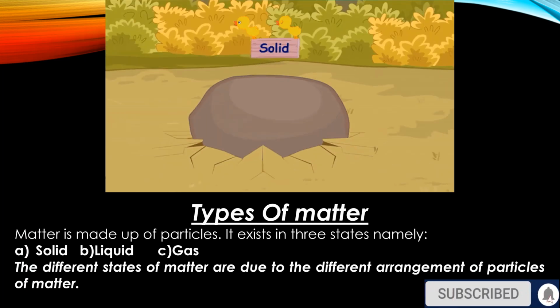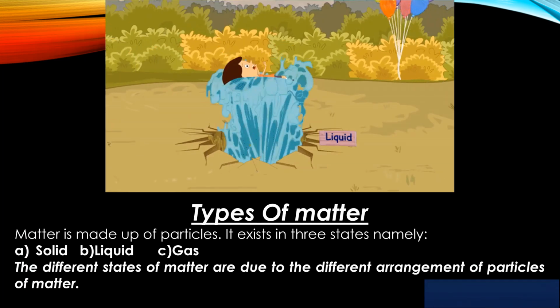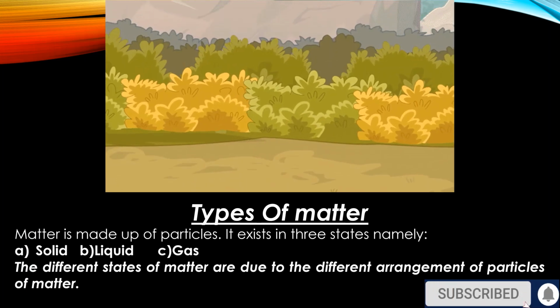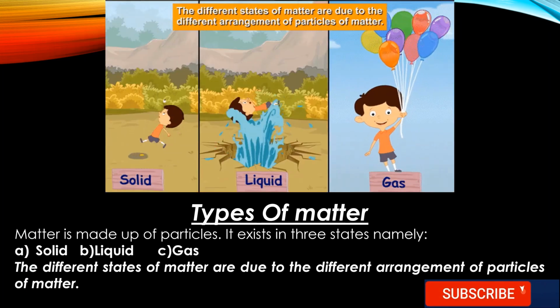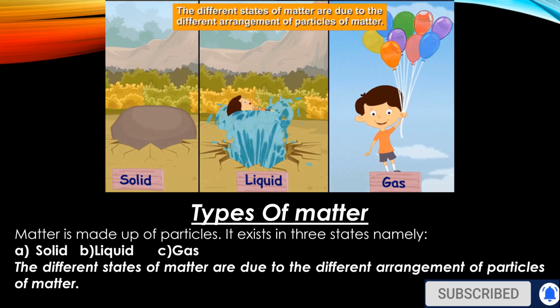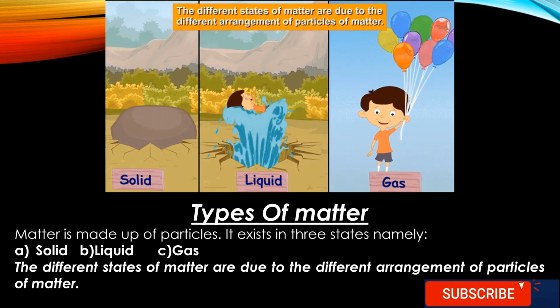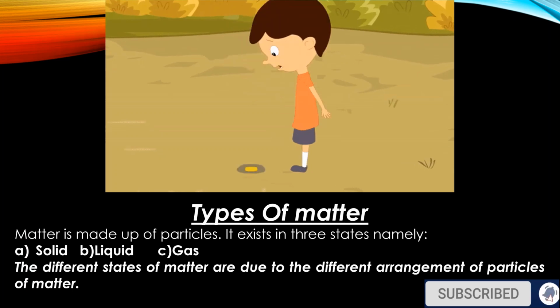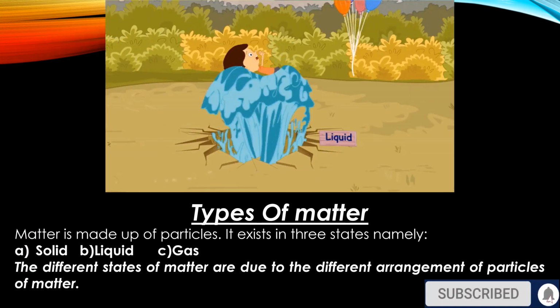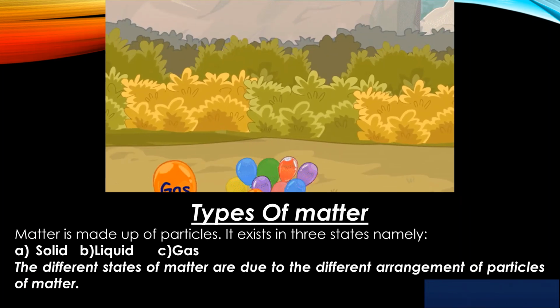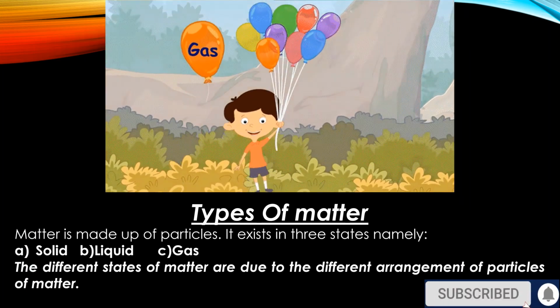Now let's understand the various types of matter, that is, how we differentiate the various states of matter. Matter is made up of particles, we got to know, but matter exists in 3 states, and these states are solid, liquid, gas.